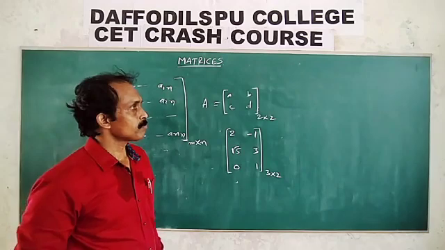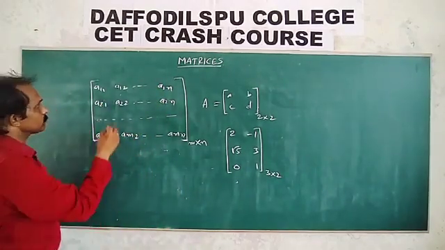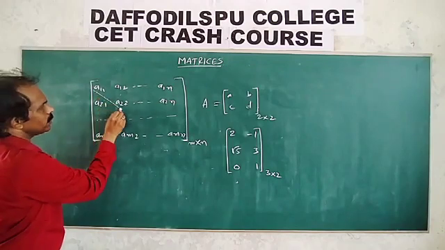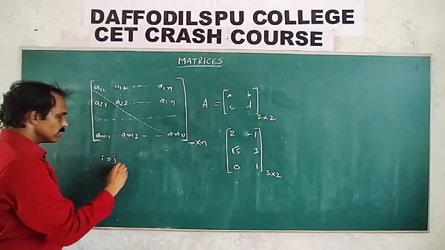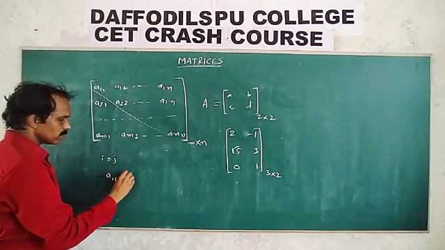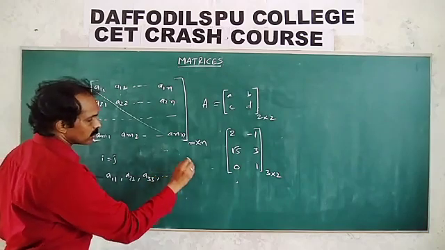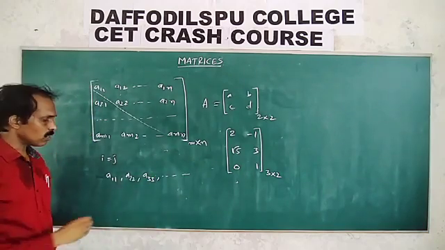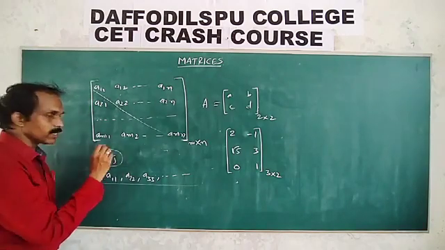Once you observe this matrix, A11, A22, and so on, where i is equal to j.